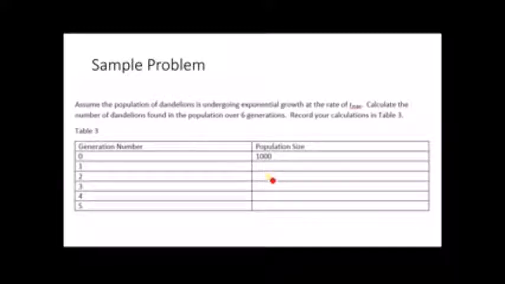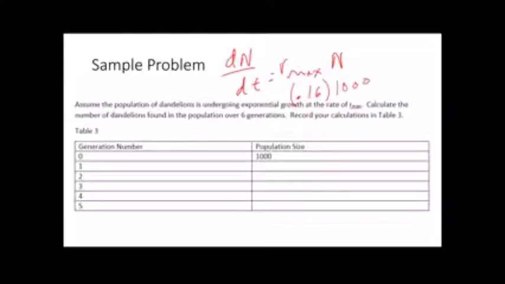So at time 0, generation 0, we started with 1,000 individuals. To calculate the size after 1 generation, which is one year, we're going to use our equation dN/dt equals R max times N. Now remember that R max is 0.16 and that N was our original population size, 1,000.